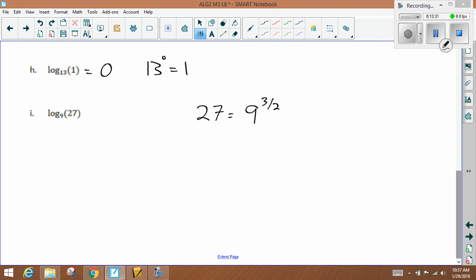Why? Let's work this thing. We can write it like this. This is 9, the square root of 9 cubed, right?